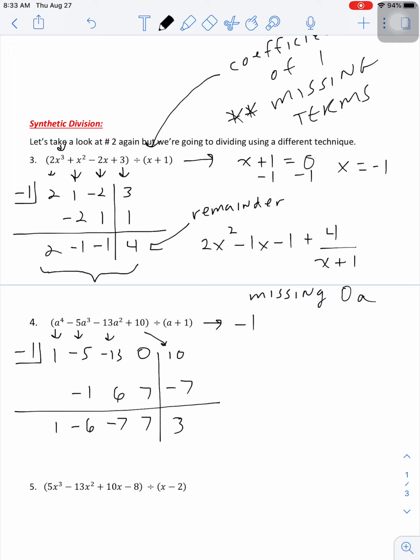Okay, and again, since we started off with a degree of 4, when you go to write your answer, you're going to start off with a cubed minus 6a squared minus 7a plus 7, and then we have a remainder of plus 3 over what we were dividing by, a plus 1.